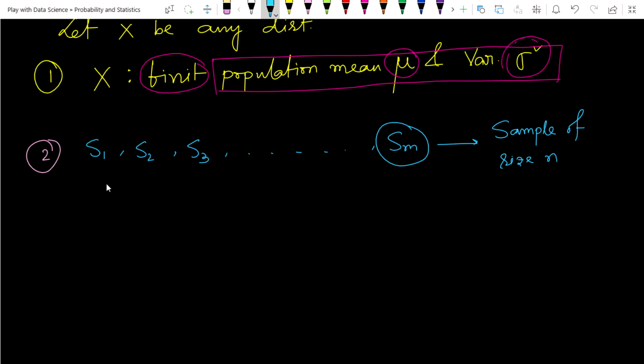Then we calculate the mean of each sample. Suppose the mean of the first is x1 bar, the second is x2 bar, the third is x3 bar, similarly the last is xm bar. These are the sample means of samples of size n.